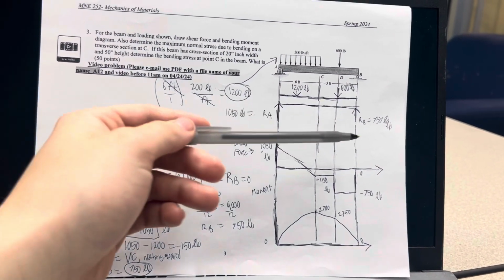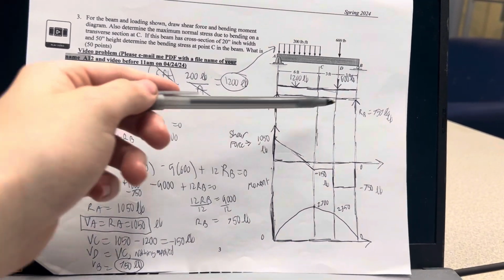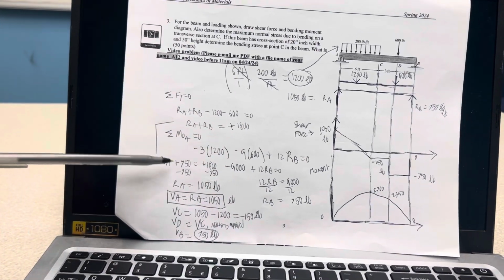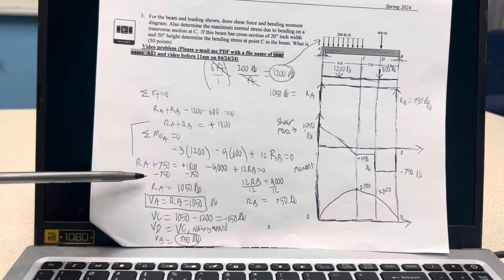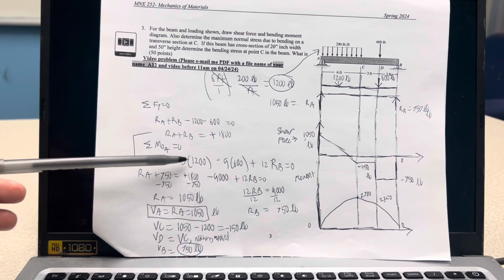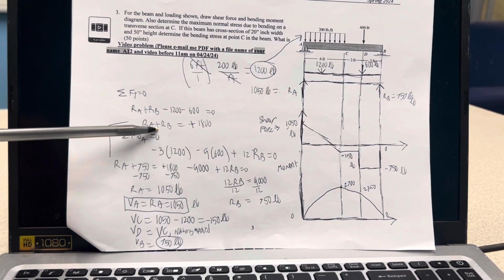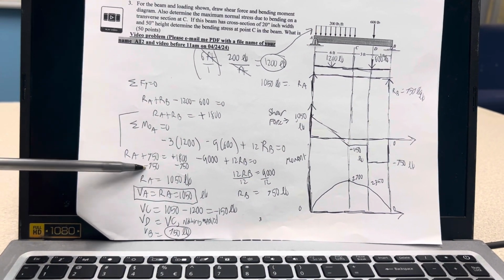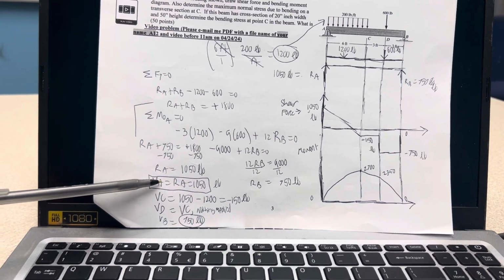And then RB is going the opposite way, counterclockwise, so I know that's going to be positive, and it's 12 feet away. So I sum that up, I move everything to the other side, and I get RB is equal to 750 pounds. Then I plug that back in over here, subtract 750 from both sides, and I get an RA of 1,050 pounds.